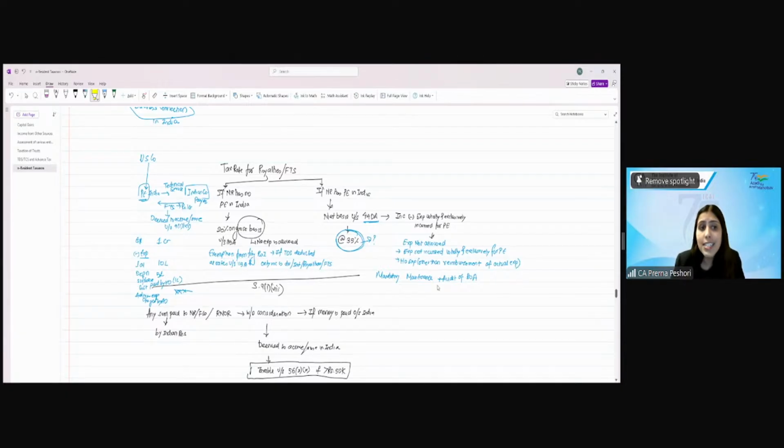But as far as the tax rate is concerned, what they say is if the non-resident does not have a permanent establishment in India, permanent establishment meaning any branch or office in India, it will be taxable under 115A at the rate of 20% on a gross basis.